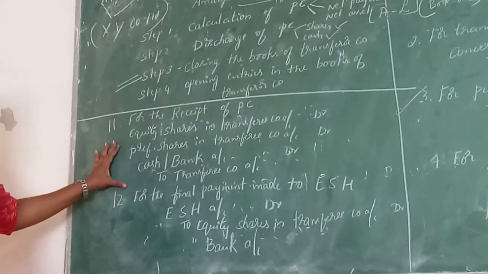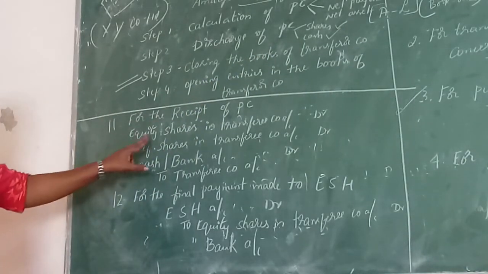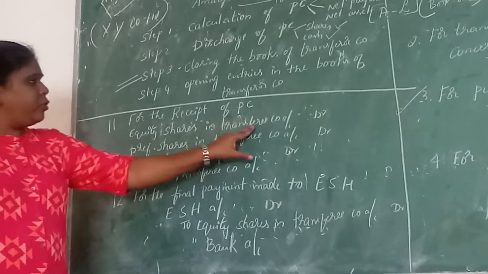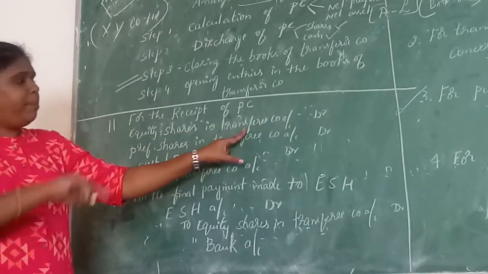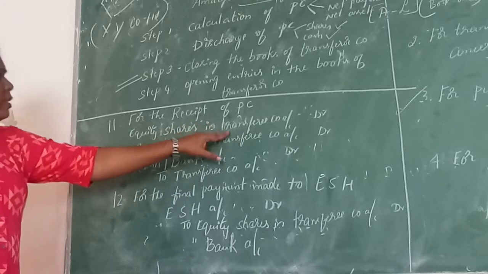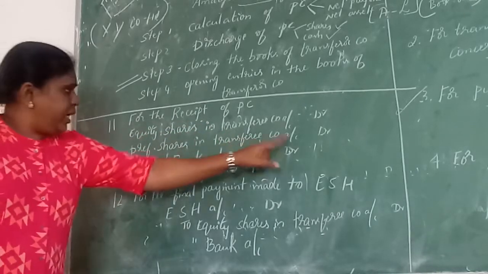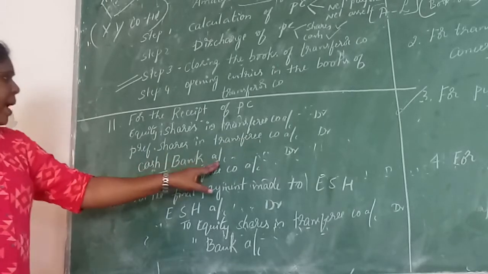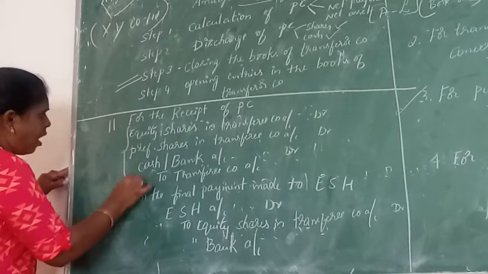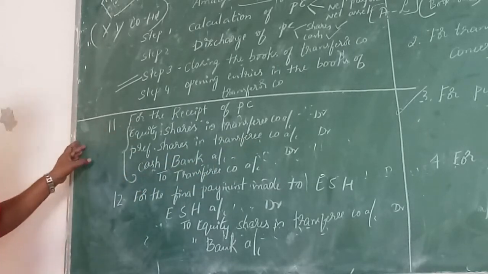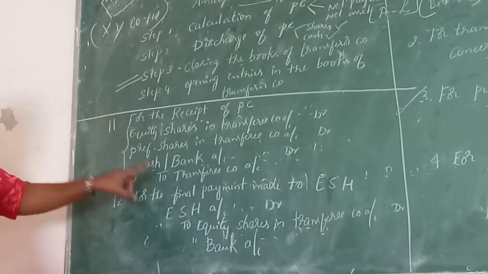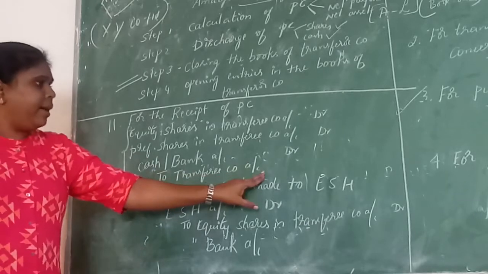You have to pass the journal entry showing equity shares in transferee, because the transferee company is giving the transferring company's equity shares, preference shares in transferring company, cash or bank account. So these three are receivable, meaning the transferor company is going to receive. So that is we are going to debit to transferee company.